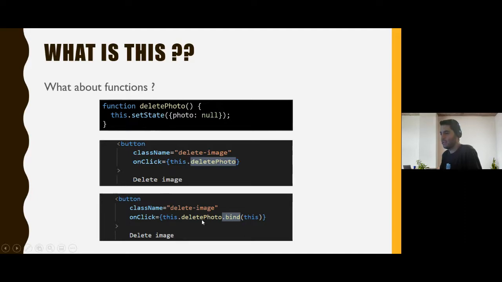Once people click on the button, it's going to start the deletePhoto function, but it already knows from the binding that when you use this inside deletePhoto, it's going to be the scope of the component, and it's going to work. If you run the first example that I show here with only this.deletePhoto without binding, it's going to say that setState is not defined because this is going to be an empty object.